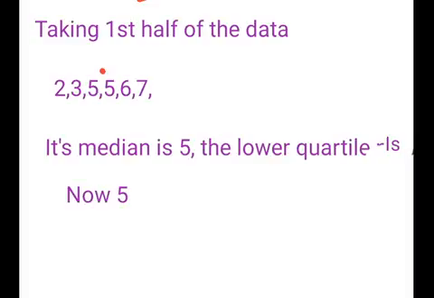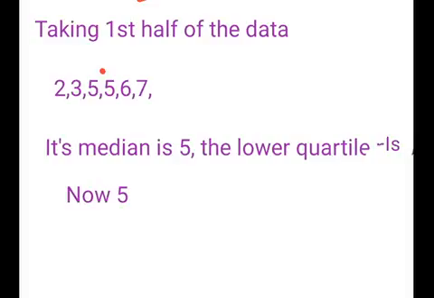So we will start by getting the first half of our data. Our data is 2, 3, 5, 5, 6, 7, 7, 8, 8, 9, 10. The first half of this data is 2, 3, 5, 5, 6, 7.